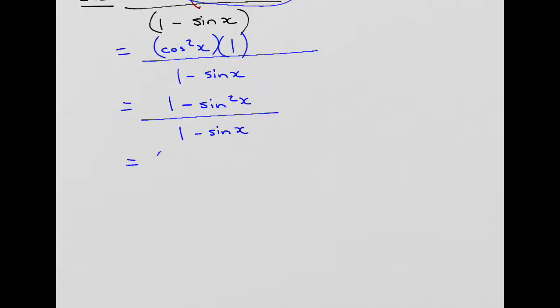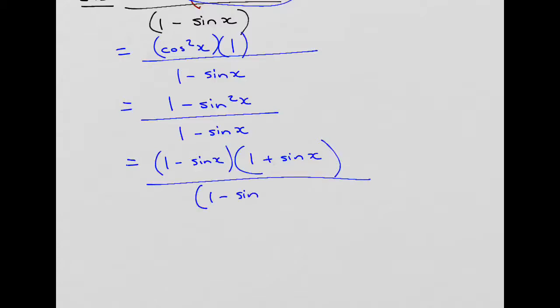So then at the top now, that is a difference of squares. It's 1 minus sine x, 1 plus sine x, because they're both perfect squares, all over 1 minus sine x. Those can cancel, and I'm left with sine x, which is my right hand side.